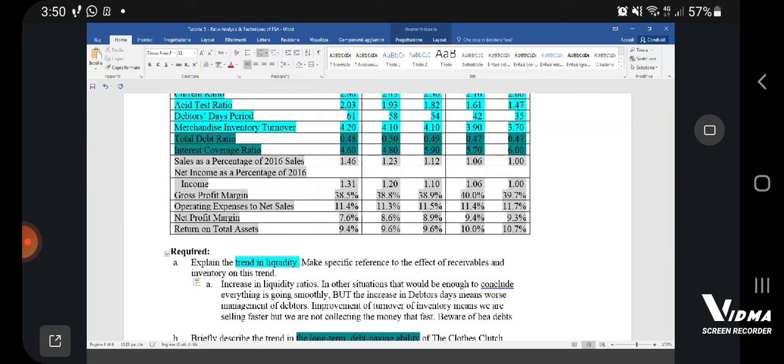That means that trying to sell more and faster, we are attracting companies that are not very serious customers. They are purchasing, but they are not very good at repaying their invoices. So this is a risk that companies usually undertake.